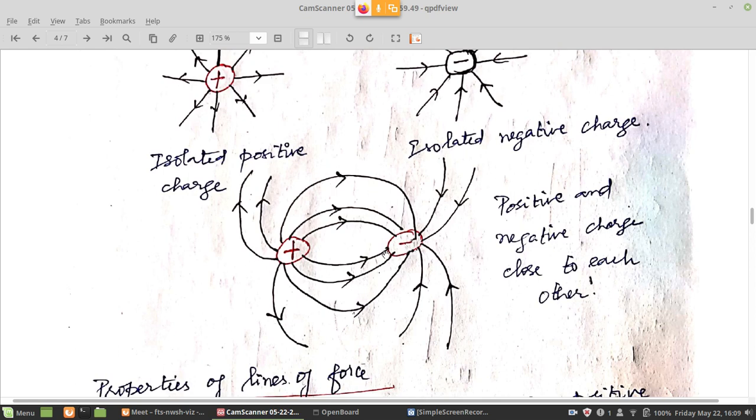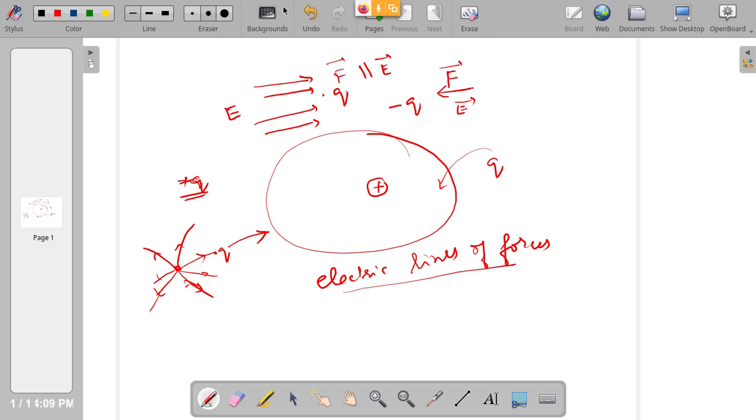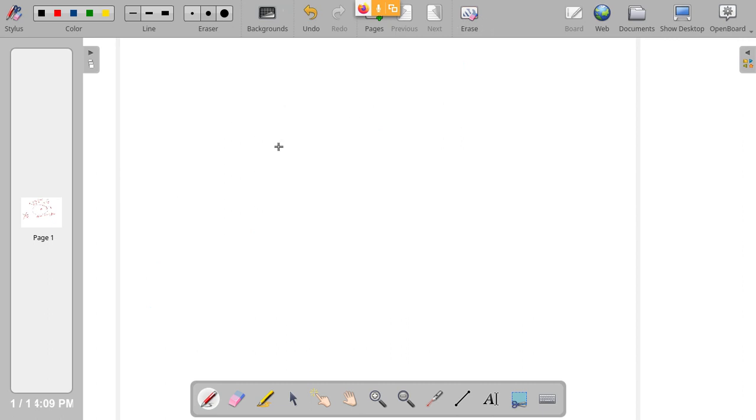Many lines of force. Now, how many lines? There is no limit on the number of lines. You can show as many lines as you want. What is the consistency we have to follow here?